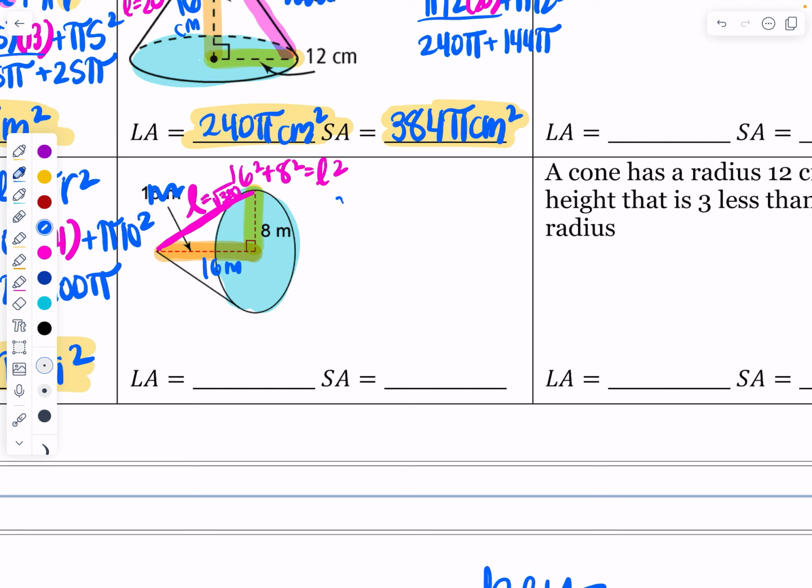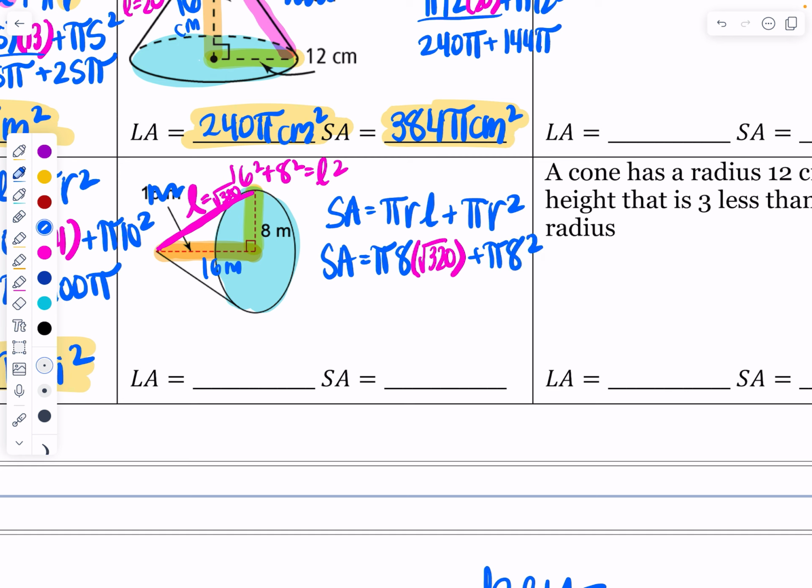Okay? So when we go to plug that in, it's going to be surface area equals pi r L plus pi r squared. We have both things we need now. It's going to be pi times 8 times the square root of 320. So let my calculator do that in a minute. Plus pi times 8 squared. So 8 times the square root of 320. It does want me to round it.